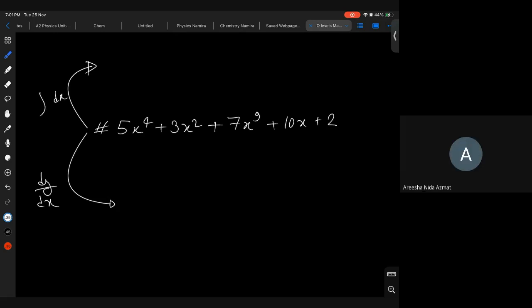In order to integrate it, we would first add the power and then divide. So, you do it on your copy and then tell me. Okay, sir.